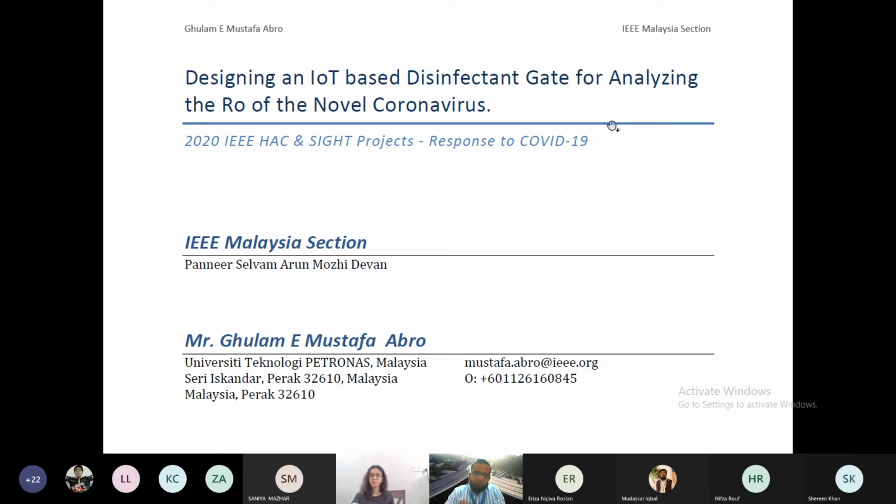If the temperature is lower than the abnormal temperature, we put them into the exposed column. And if the temperature is increased to the particular value that we were looking for, we put them into the suspect column. So two variables, suspected people and exposed people, were coming out from this disinfectant gate.